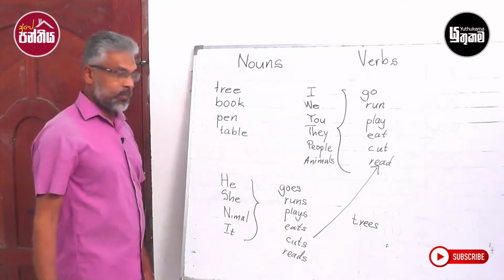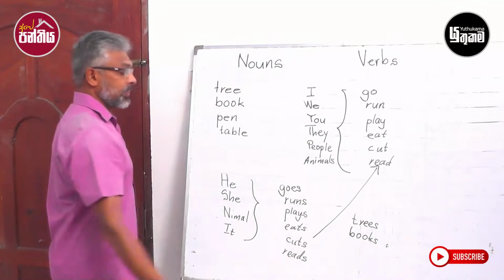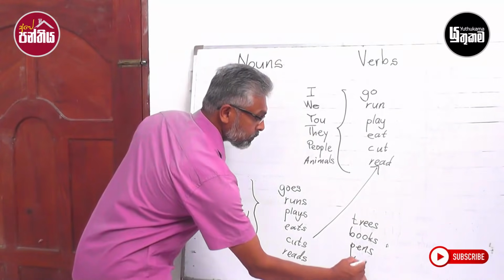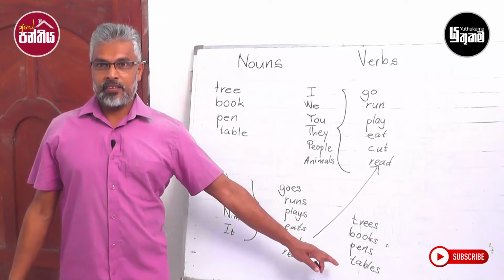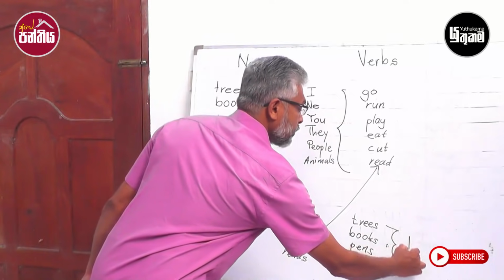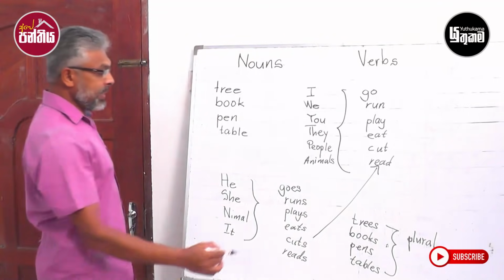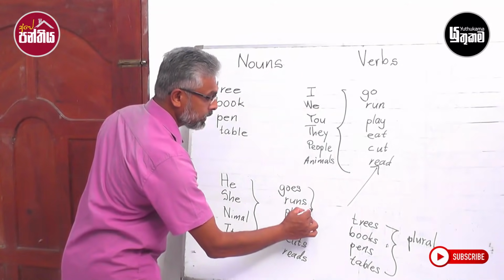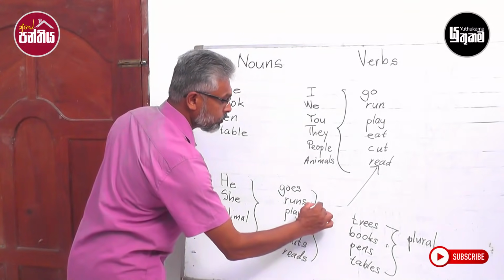Trees, you add s here, you add s here, and then again s, then tables. So what has happened to these nouns here? These nouns now are in plural form, and the verbs are now singular.